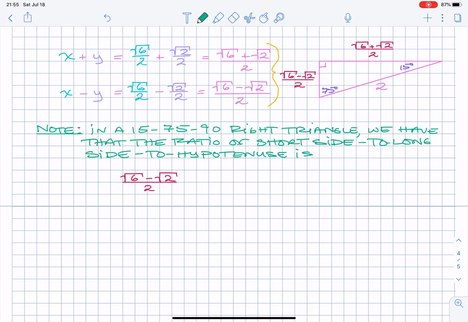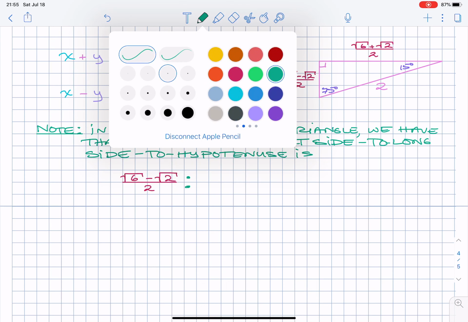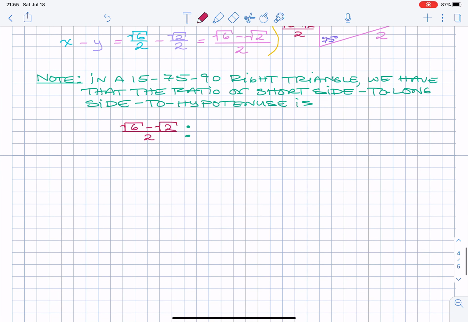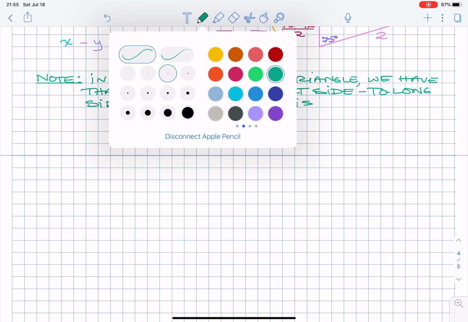To 2, the long side, almost looks the same except it's got a plus. So subtraction for the small side, addition for the long side. So square root of 6 plus the square root of 2 all over 2 to 2. And if you want to divide by 2 to make the hypotenuse 1, it doesn't matter.